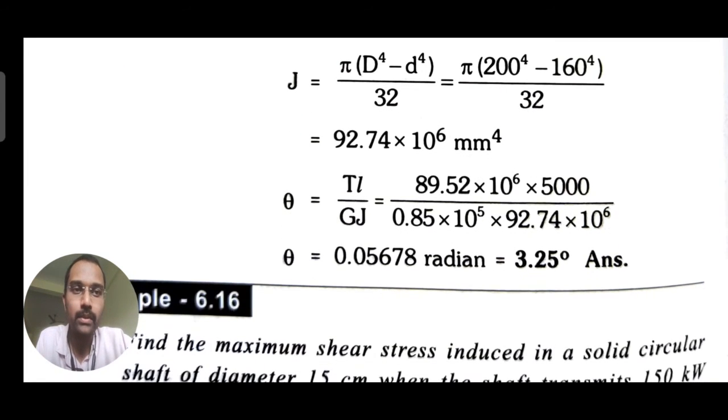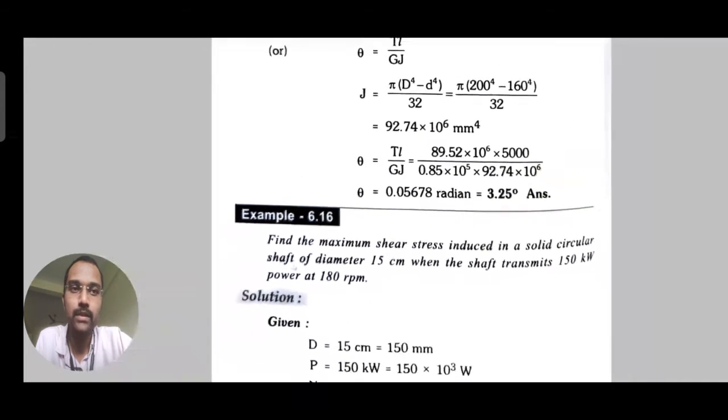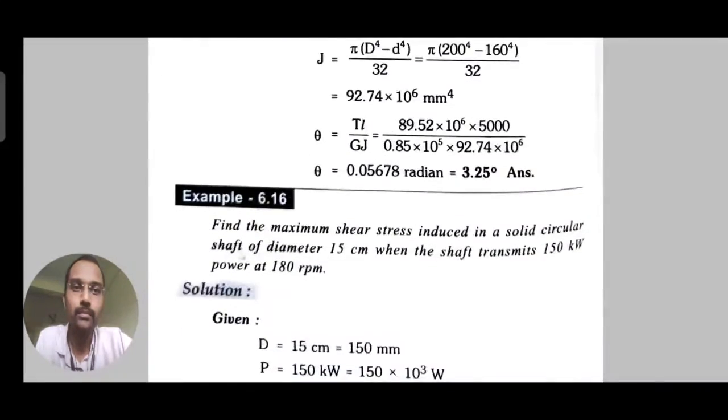From degrees to radians it is pi by 180, and radians to degrees it is 180 by pi. If you multiply that, then finally you will get theta in terms of degrees as 3.25. This is how you can calculate the theta value.